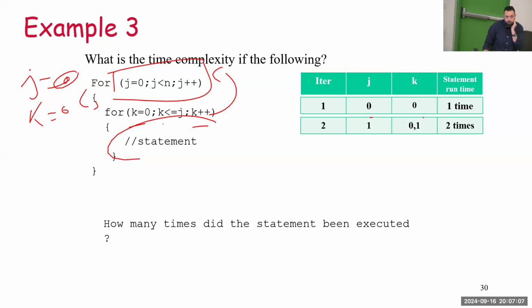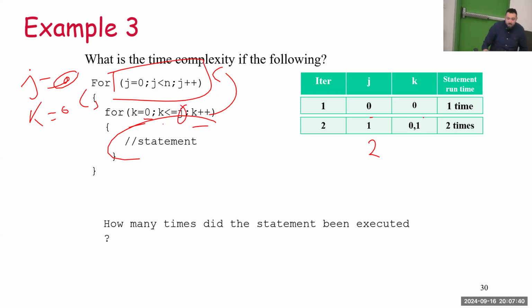Yes. J equal 3. And then what, K? Okay, so actually J equal 2, right? And then K is going to start with 0, and then 1, and then 2. It's only going to stop at 2, I mean. So 0, 1, 2. Why?